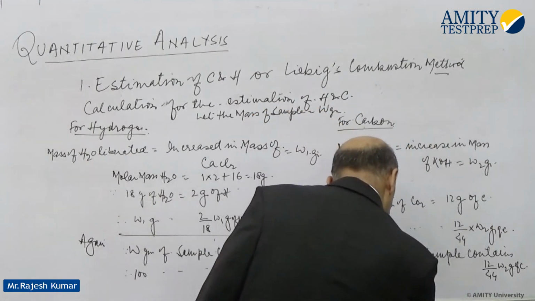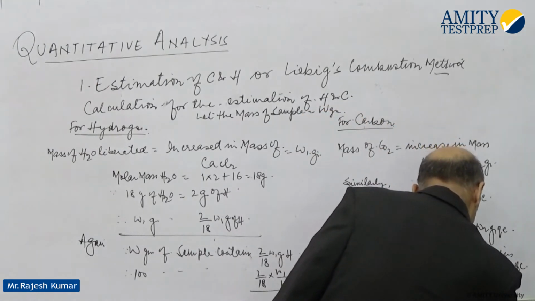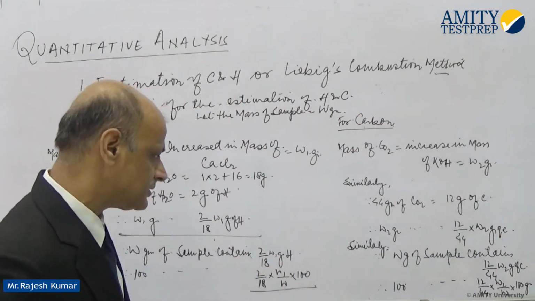Therefore, 100 gram of sample will contain 12 upon 44 into W2 upon W into 100 gram. So this is the total percentage.